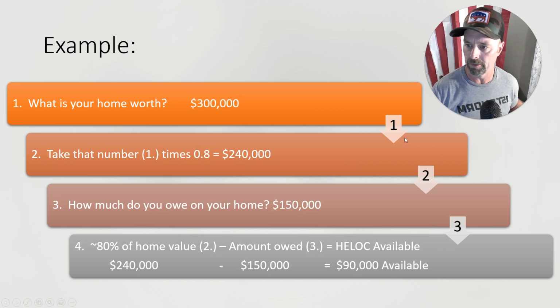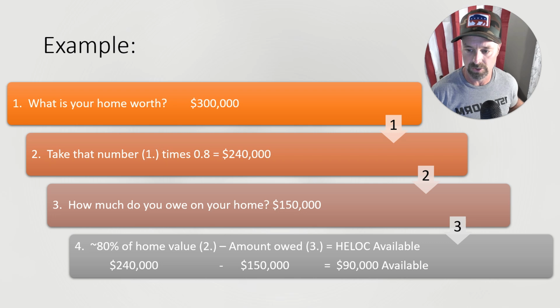So here's an example. Let's say that your house is worth $300,000, and you take that number times 0.8 is $240,000. So that's the most that the bank will let you borrow against your house. Now you've got to subtract how much you owe on your house. In this example, this person owed about $150,000.